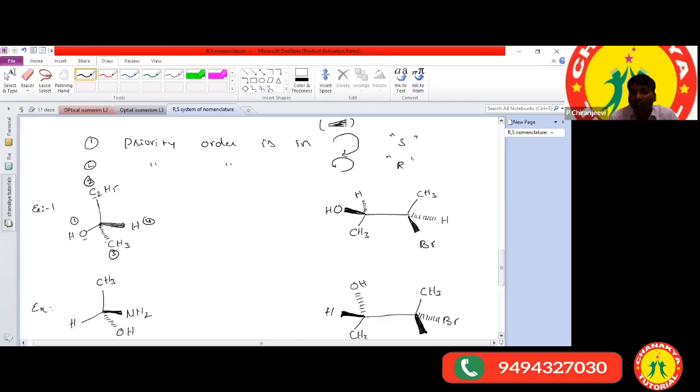This solid line represents towards the observer. Dashed lines represent away from the observer. So according to that, it is towards the observer. Now the priority order: once you check here, 1, 2, 3 are there. If you go 1, 2, 3, either it is going in clockwise direction or anti-clockwise direction.